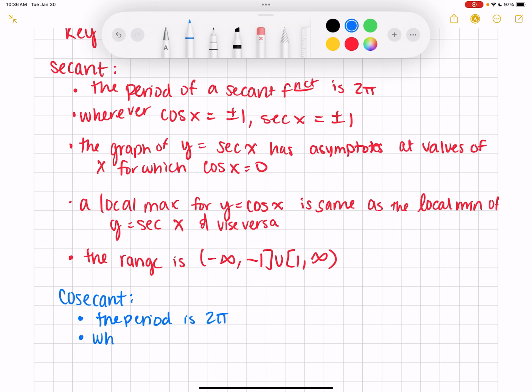Wherever sine of x equals plus or minus 1, cosecant of x is equal to plus or minus 1.